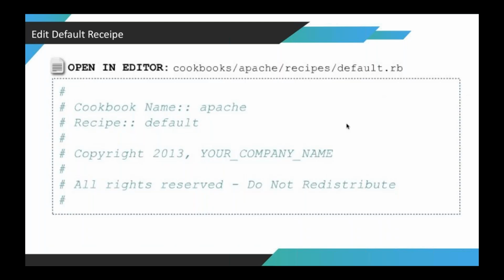Inside the Apache cookbook, under recipes, you will find that by default the very first file that it reads is the default.rb file. So start editing this default.rb file using some editor like vi, and create your recipe over here.